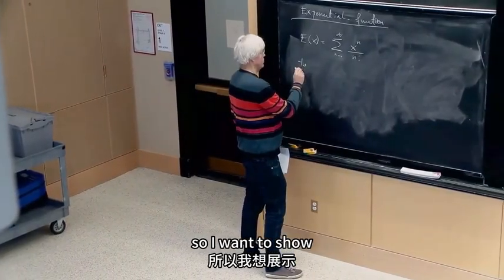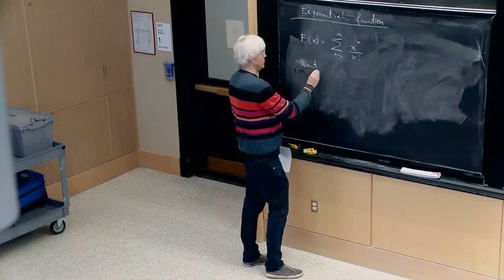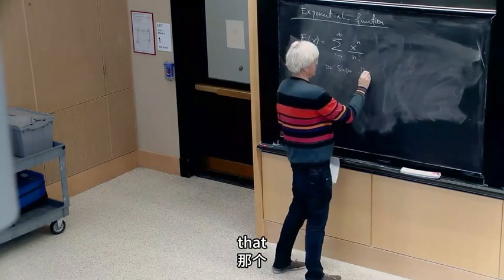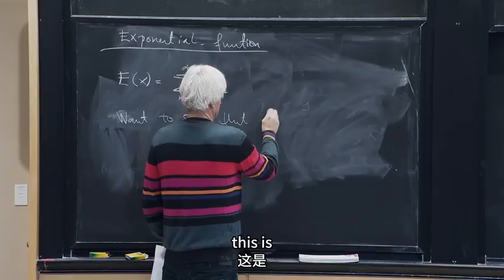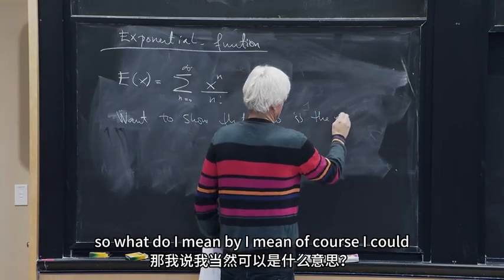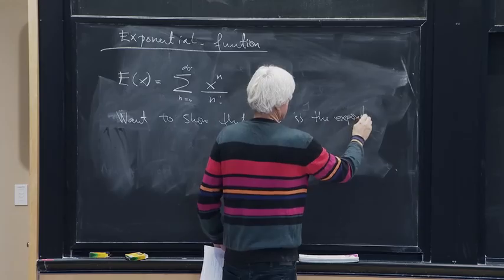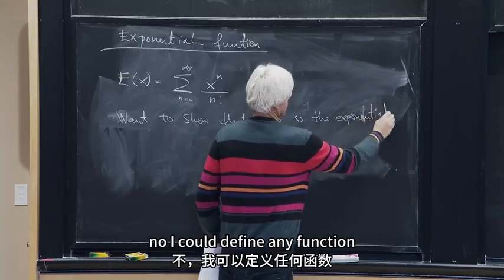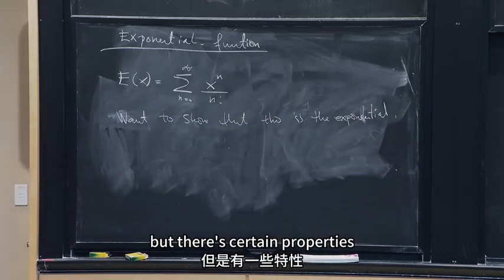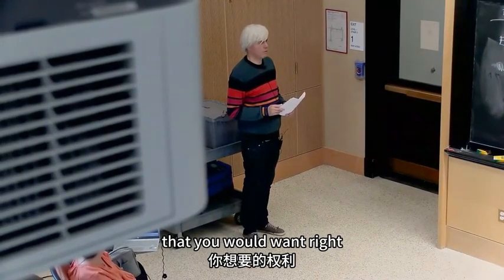Now I want to prove that this here is really the exponential function. But what does it mean that it is exponential? Of course I could define any function to be the exponential function, but there are certain properties of the exponential function that you would want.